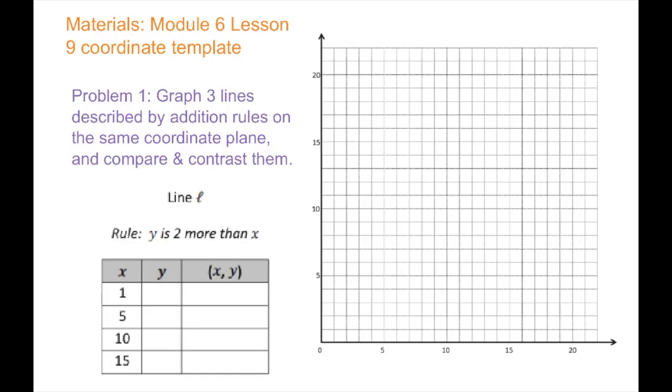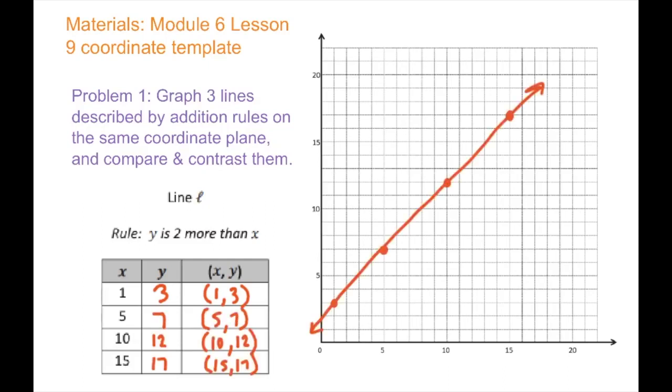I'll give you some think time. Good. My y coordinate would be 3 because I know that 1 plus 2 equals 3. And then I will write my coordinate pair. I would like you to pause the video at this time, complete the rest of the y coordinates, and when you are done with that, press play and we will resume.